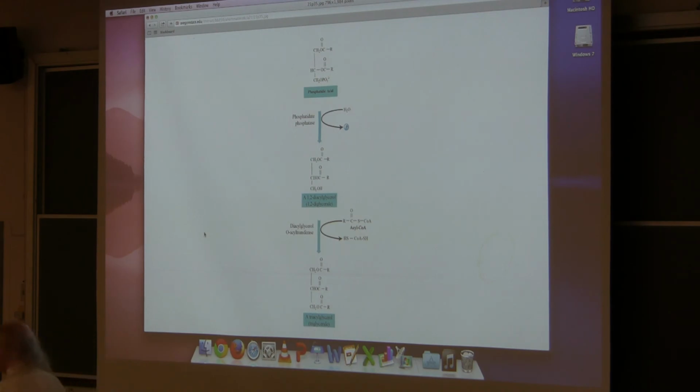Where did phosphatidic acid come from? Where have you seen phosphatidic acid previously? What used phosphatidic acid to make something else? Anybody remember? There's a category of molecules that I've talked about in class that use phosphatidic acid as a precursor.